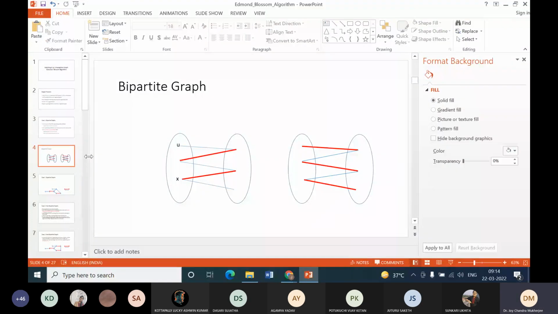And this is true only because the graph doesn't have any odd cycle.